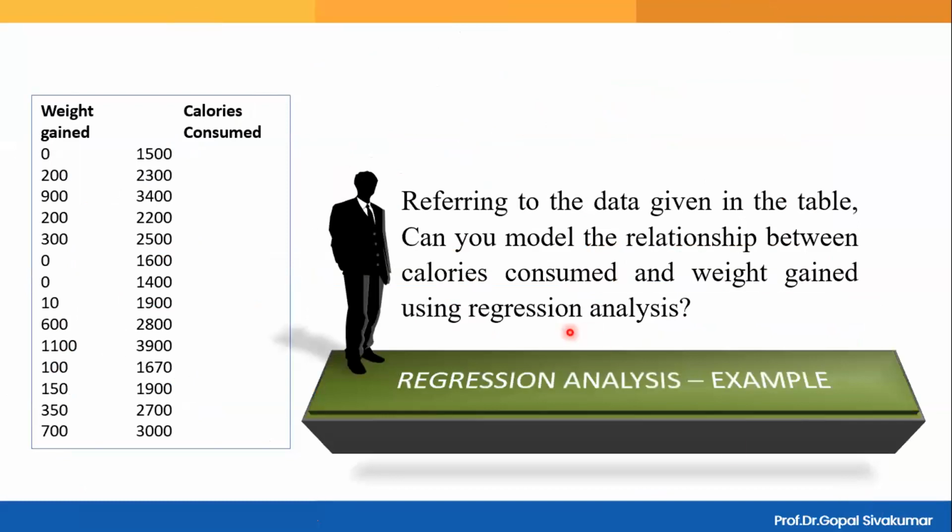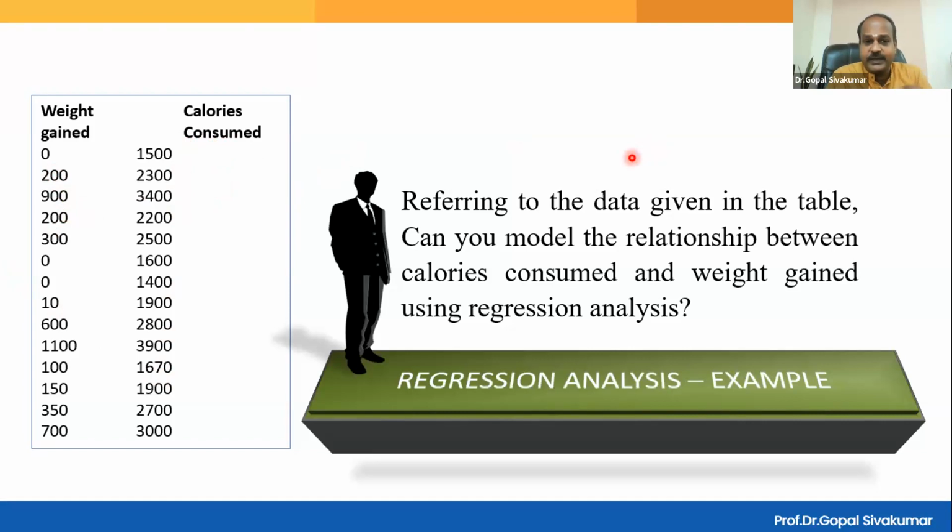All right. Now let us do a small case study. See here, a person wants to understand the relationship between the amount of calories he is consuming and the way his body is behaving in terms of weight. Please note, calorie consumption and weight gain need not always have the same relationship.